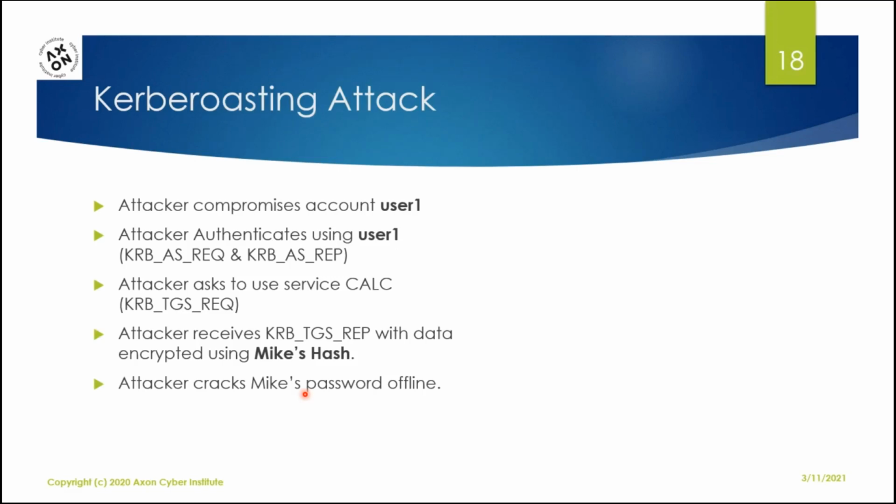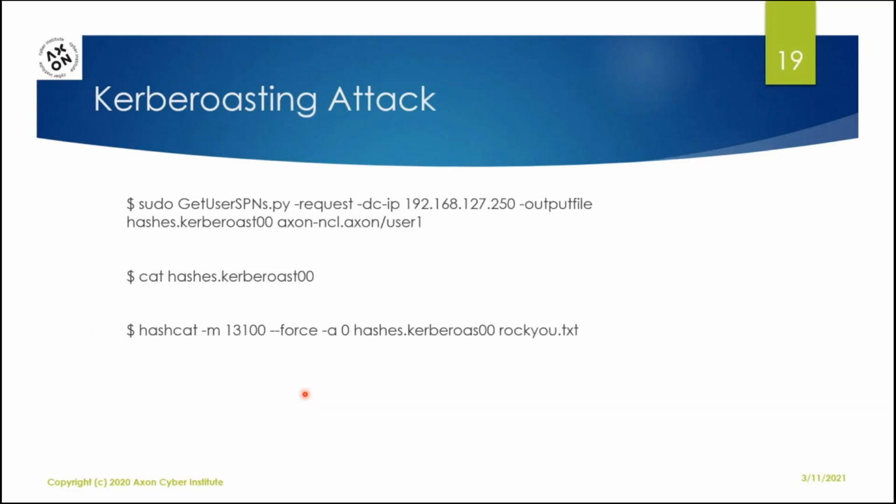So just like the GetNPUsers that we used previously, we have here a Python script, part of Impacket, called GetUserSPNs. It's a script that, if I run it, I can acquire a list of users that have associated services or SPNs.